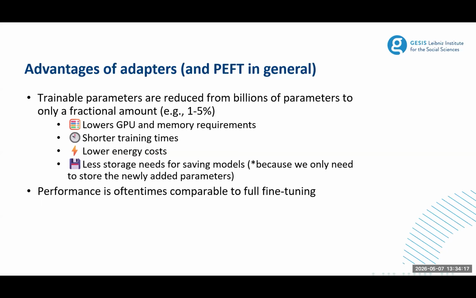And the best about this is that it's not only making fine-tuning feasible for us, but it's also oftentimes comparable to full fine-tuning in terms of performance. Or we're only having slight deviations from the full fine-tuning performance.